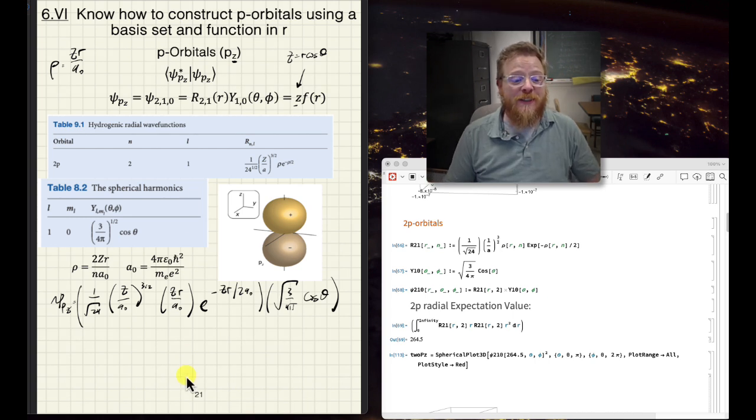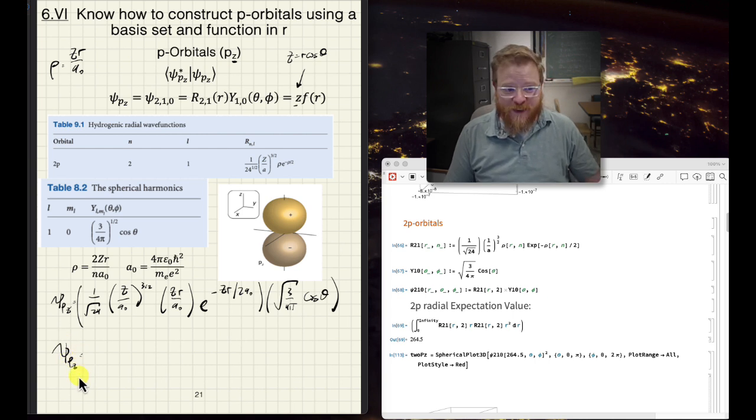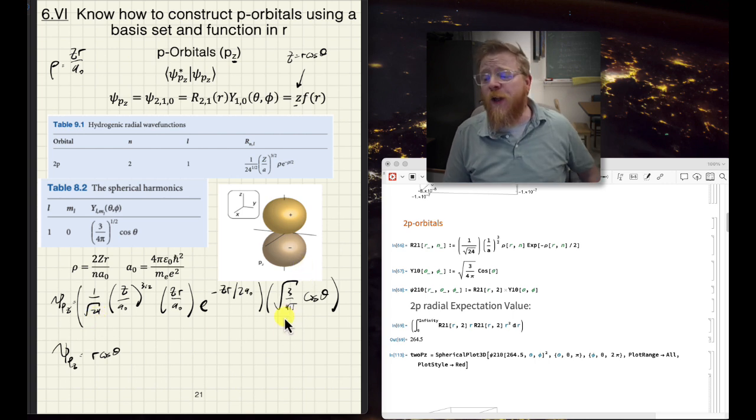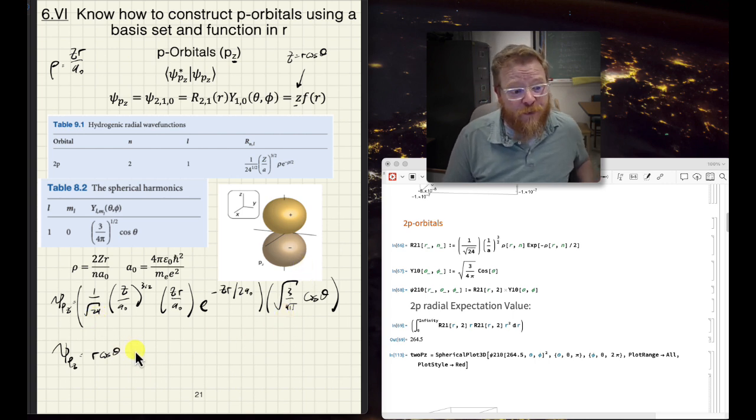Okay, so now adjusting this algebraically and using a little bit of foresight, I'm going to combine the r and the cosine of theta, right? Because we noted up here that that seems like a practical thing to do. We can combine all of these constants, like 1 over the square root of 24 and root 3 over 4 pi, into the following. And I did that already.